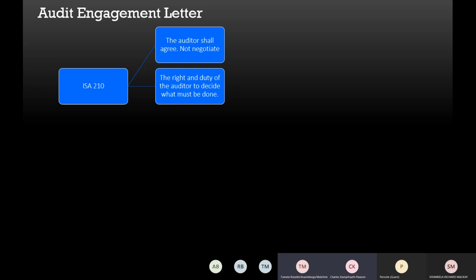Because it's not independent. If he can't make a decision by himself, then we cannot trust what is written is true or approved or evaluated. I'm not sure which word to use, but yeah.